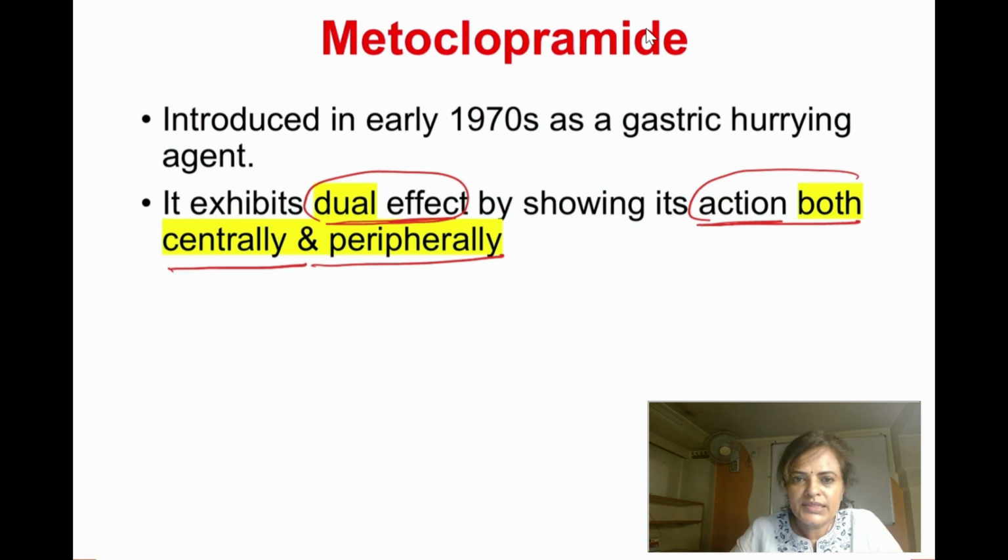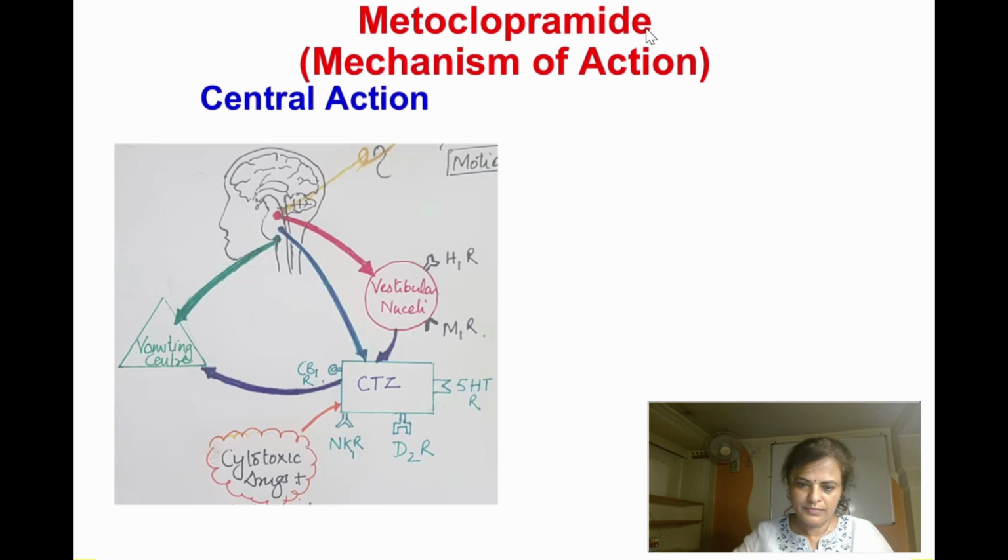Just see the next picture. Here you can see this vomiting center which is present in the medulla oblongata, and close to the vomiting center there is another center, that is the CTZ, chemoreceptor trigger zone.